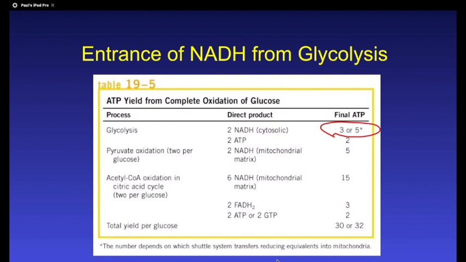The more refined number now is 30-32. So if you look up on the internet, you will find the answer 30, 32, 36, and 38 for the number of ATPs that can be synthesized from one glucose. 38, 36, totally wrong. Okay?